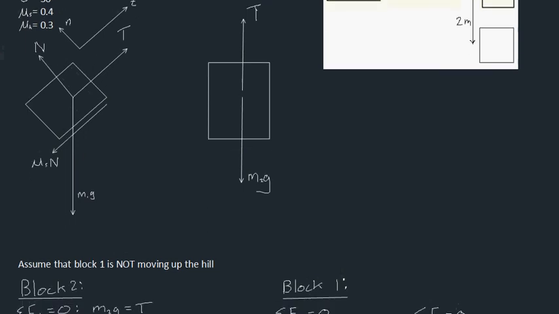Well, in order to do this, what we need to do first is redescribe our force due to gravity on our first block in terms of its tangential and normal components. So this is our force due to gravity in our normal component, and this is our force due to gravity in our tangential component, right?